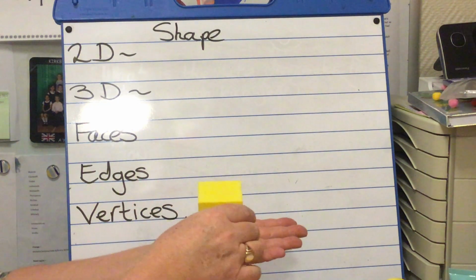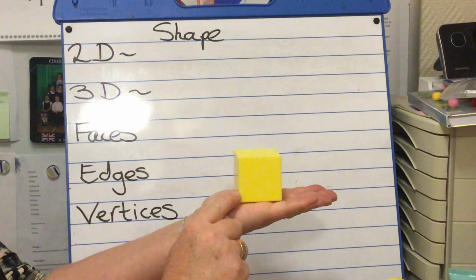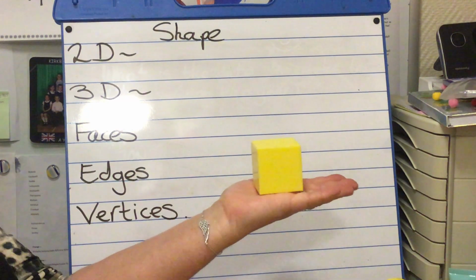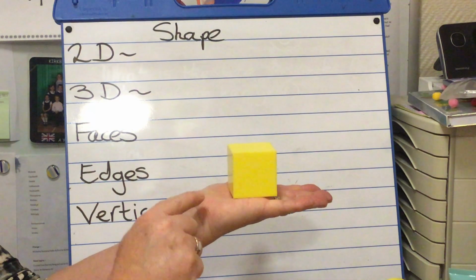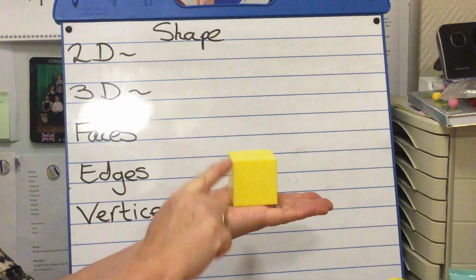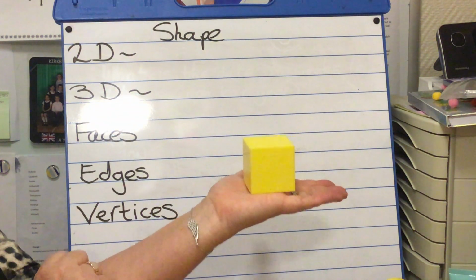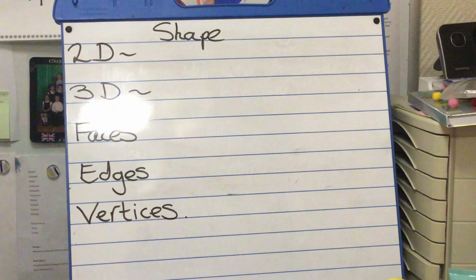But because it rises upwards from the surface, we've got that third dimension, which we call depth, or sometimes we call it height. So a 3D shape has still got length and width, but it's got that added dimension now, which makes it 3D, which we call height or depth. So that's where the word three-dimensional comes from.